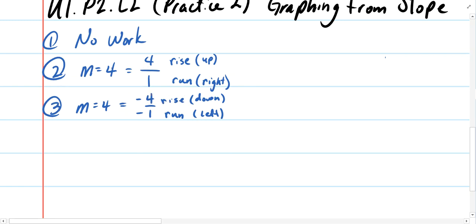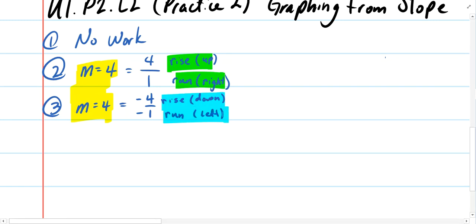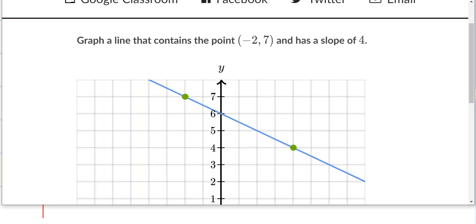For both 2 and 3, we had the same slope, but we're indicating the movement with different directions. Now it's going to generate the same picture. We're just doing so with a slightly different data point. So again, since I can't go up 4 and right 1, what I could do is go down 4 and left 1.